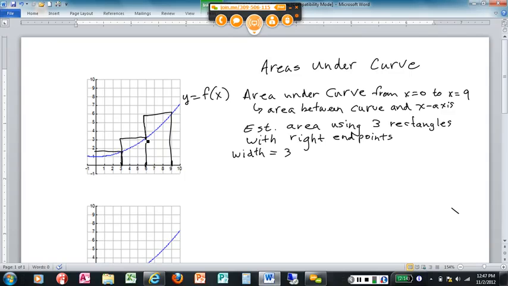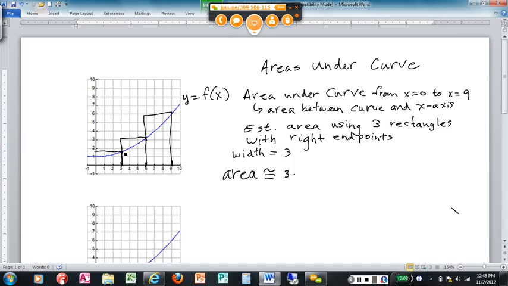All right, well, in this case, since I don't know the function, I'm just going to use estimates here. The area under the curve is going to be approximately equal to the area of each of those rectangles. The first rectangle is a 3 by what? I'm going to estimate 1.5.